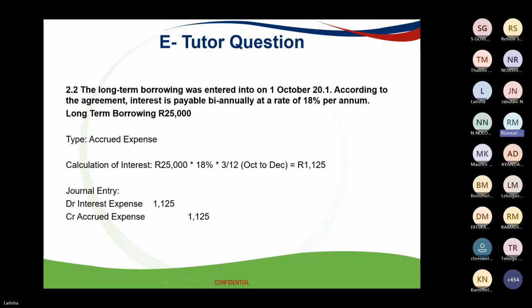Okay. Yes, another one. Why are the amounts of the packaging material different? 2.1 is saying 980, but on the income statement it is 4,700. Okay, so on the income statement, it says 4,700 because that's how much we've bought for the whole year. So the 4,700 is what we've bought for the full 12 months. And the question in 2.1 tells us that there's only 980 Rand left of that at year end.